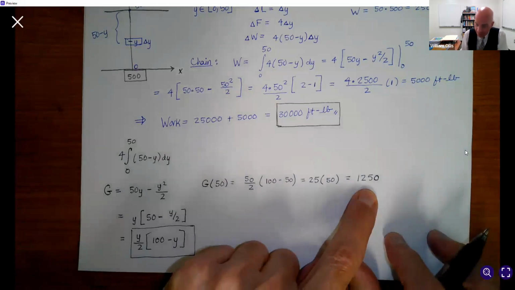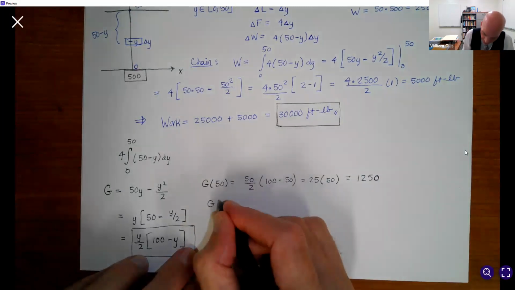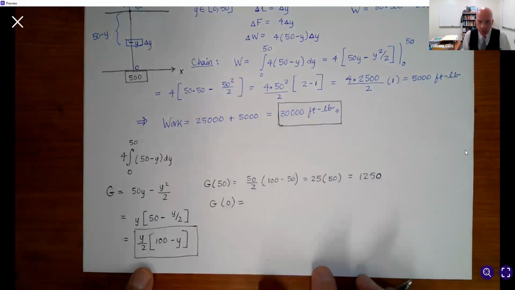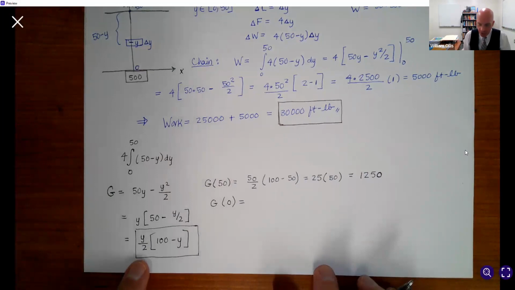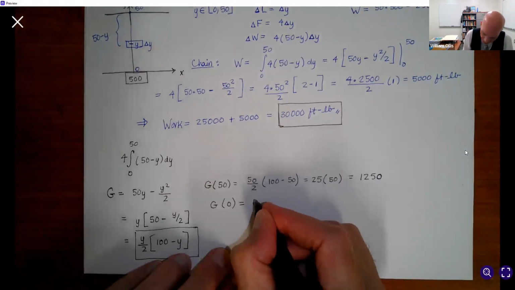So we've got that. Now let's go ahead and do G of 0. Well, the beauty of this method I've been teaching you is that G of 0 is just clearly 0. So that's easy.